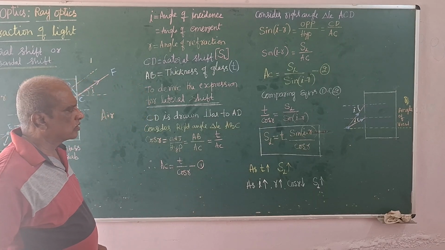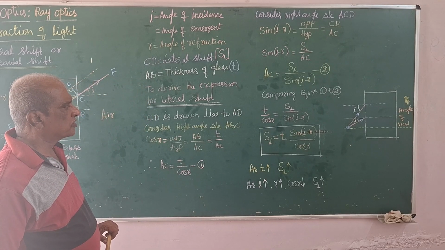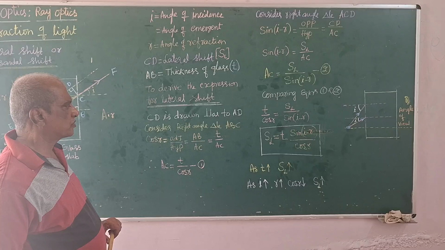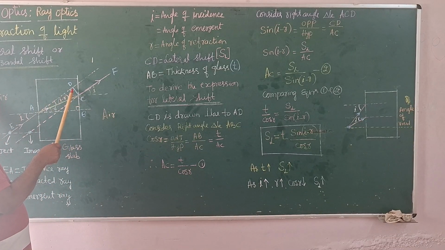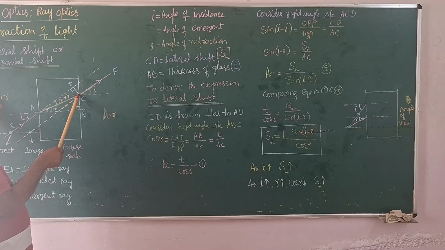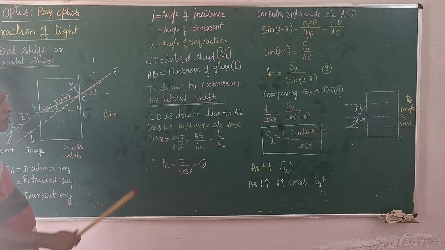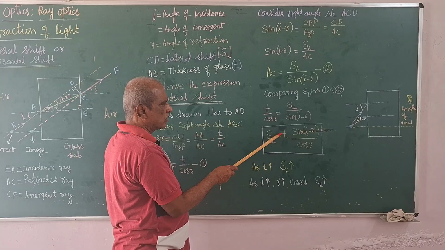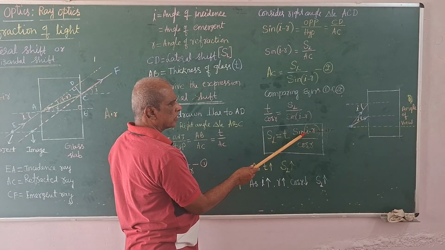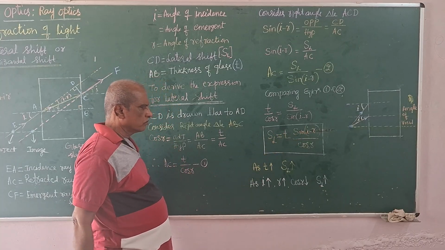That is the derivation of the expression for lateral shift. That is the length of this line. The length of this line depends on two important factors: the thickness of the glass and the angle of incidence.